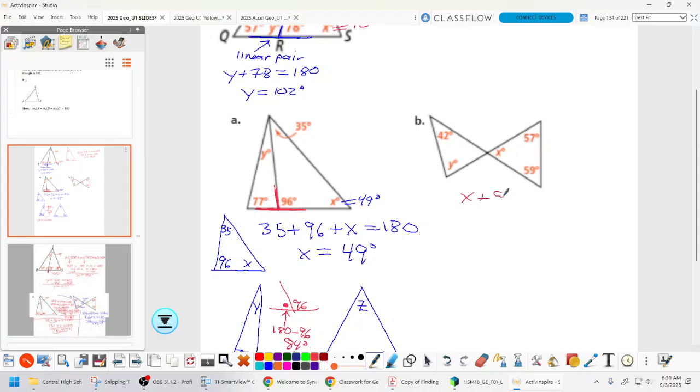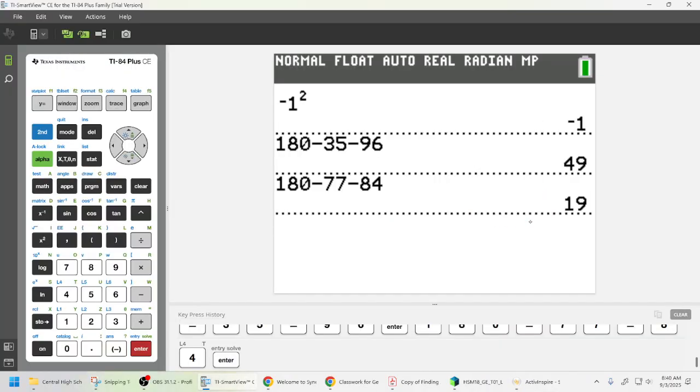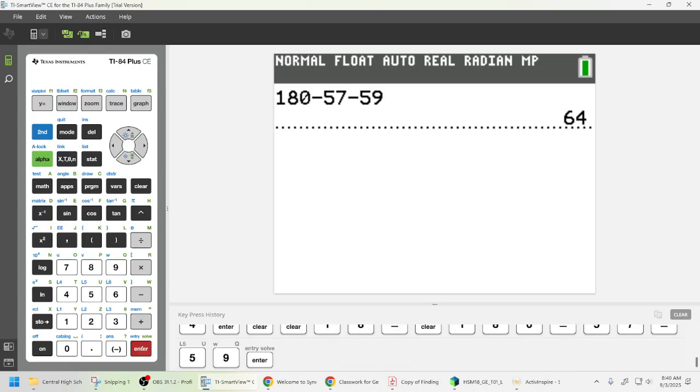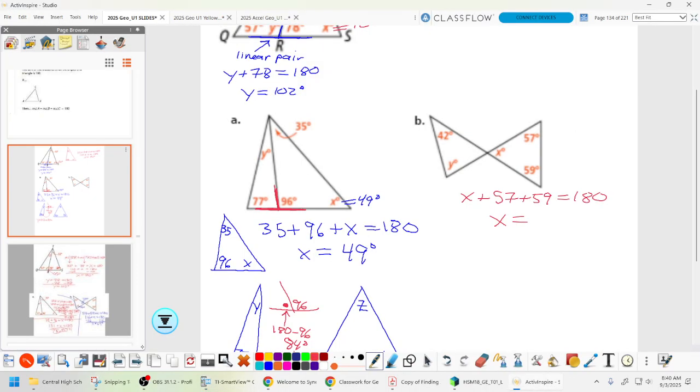So x plus 57 plus 59 gives us 180 inside this triangle. So we'll subtract both of those. 180 minus 57 minus 59. Okay, so it is 64.